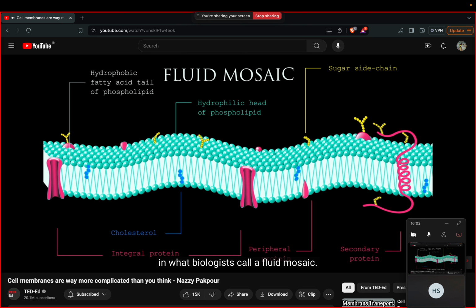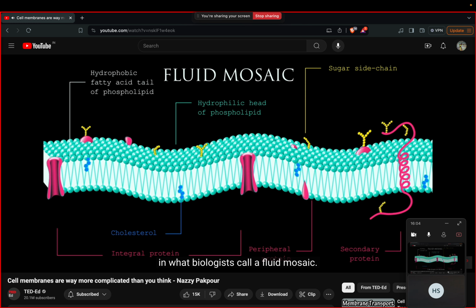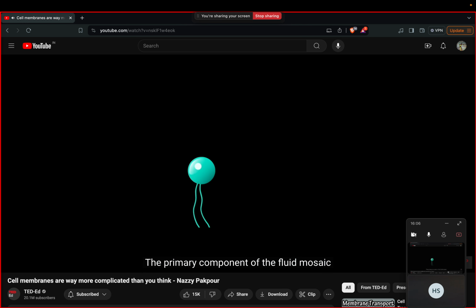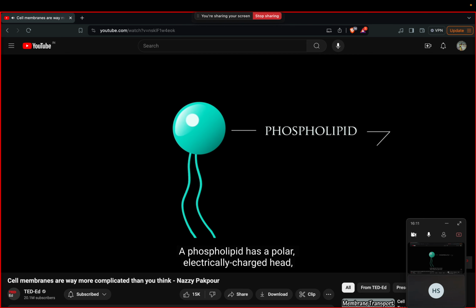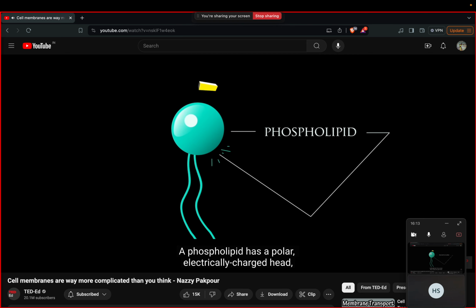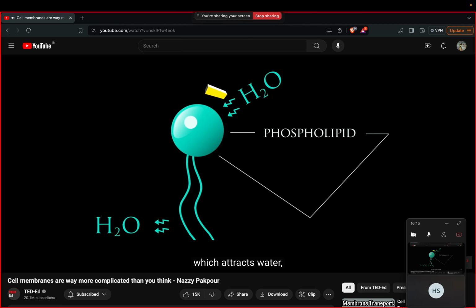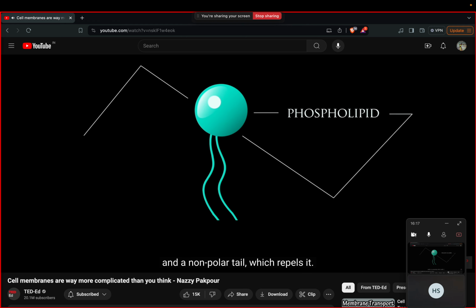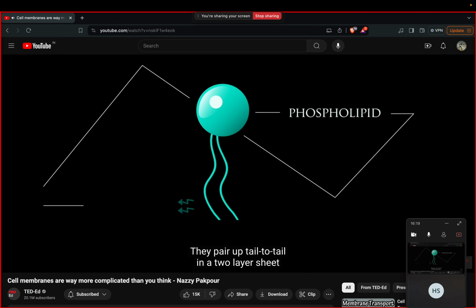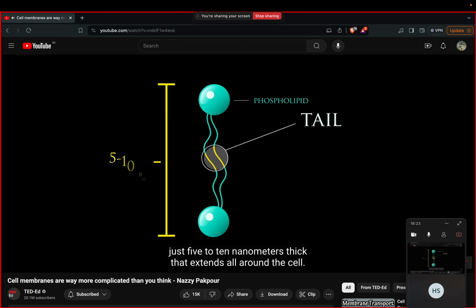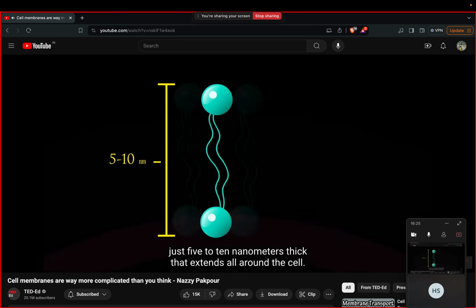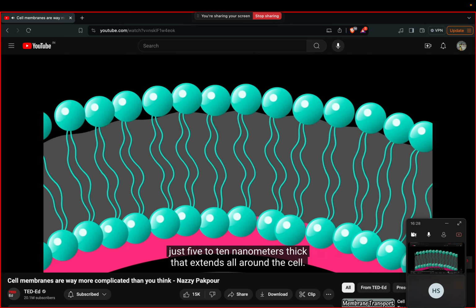a fluid mosaic. The primary component of the fluid mosaic is a simple molecule called a phospholipid. A phospholipid has a polar, electrically charged head, which attracts water, and a nonpolar tail, which repels it. They pair up tail to tail in a 2-layer sheet just 5 to 10 nanometers thick that extends all around the cell.